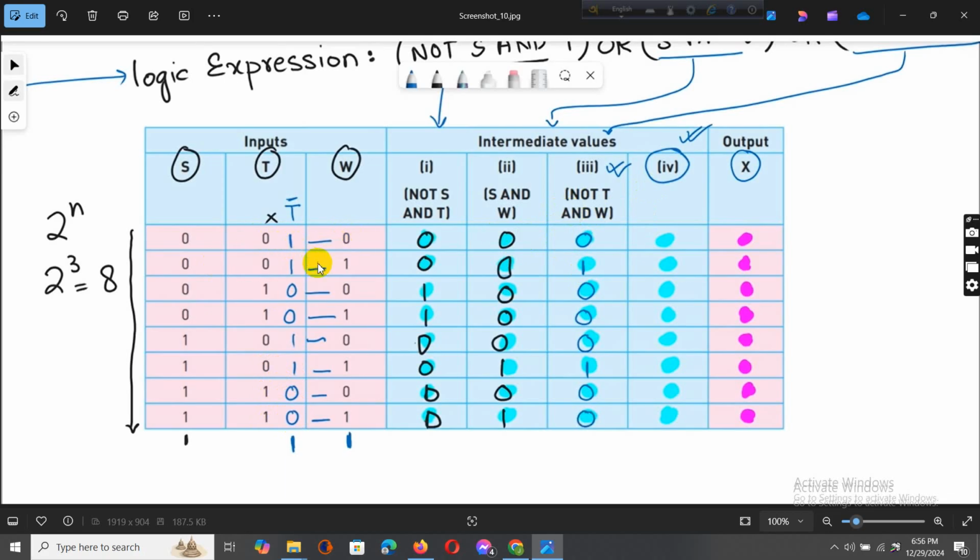So 1 into 0 becomes 0, 1 into 1 becomes 1, 0 into 0 becomes 0, 0 into 1 becomes 0, 1 into 0 becomes 0, 1 into 1 becomes 1, 0 into 0 becomes 0, 0 into 1 becomes 0. So this is the first, second, and third logic expression.